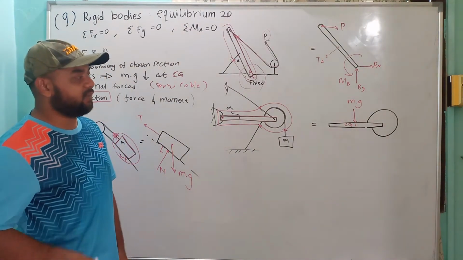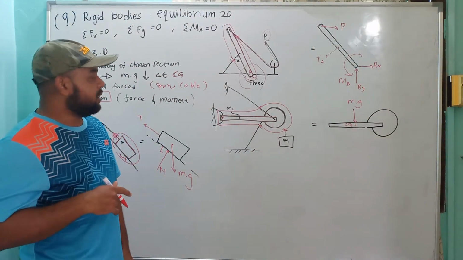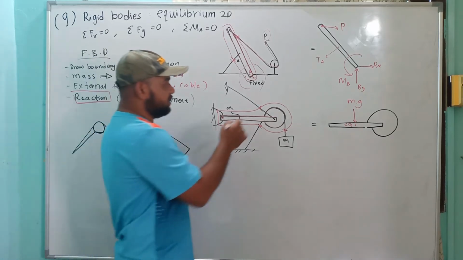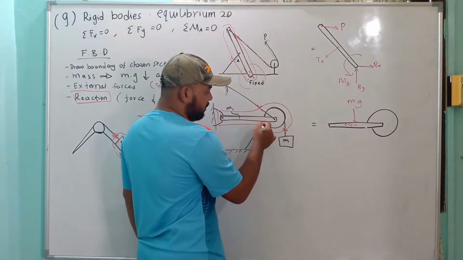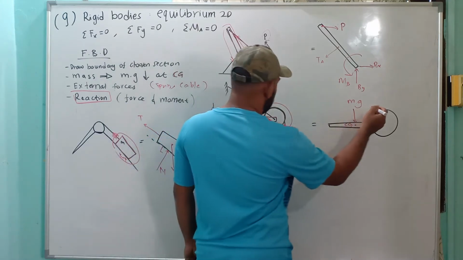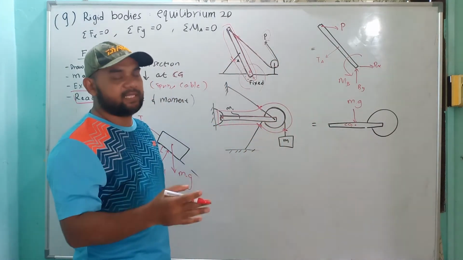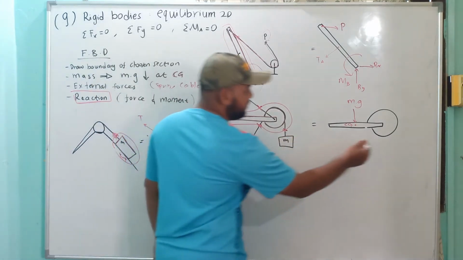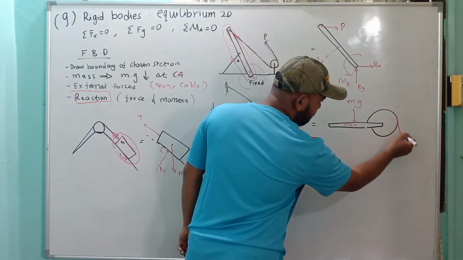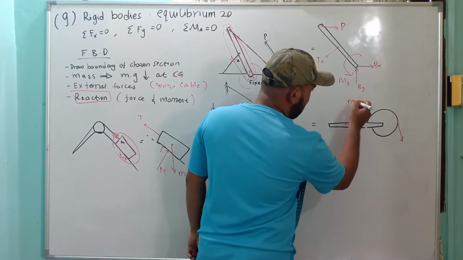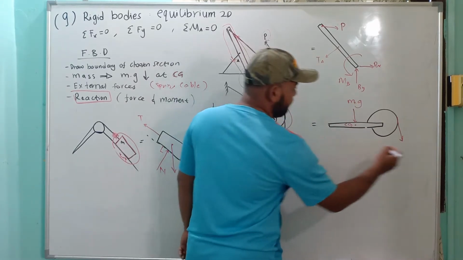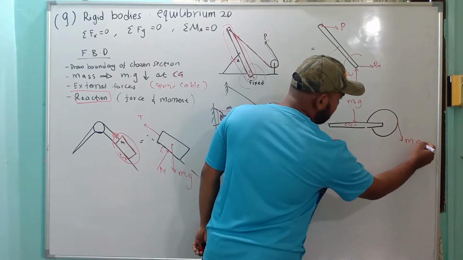So you have mg, and then you have external forces. You will see that you have 1, 2, and 3. Okay, so this one, because it is a rigid body, you have to draw precisely at the location. Meaning that this one is mg, which is here. So you have to draw it here. This is M1g, this is M1, this is Mg.